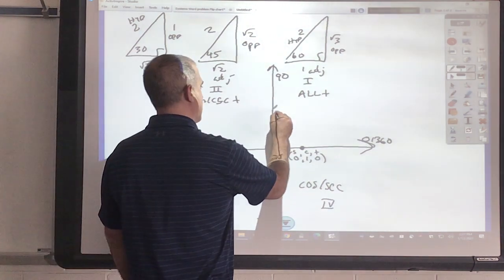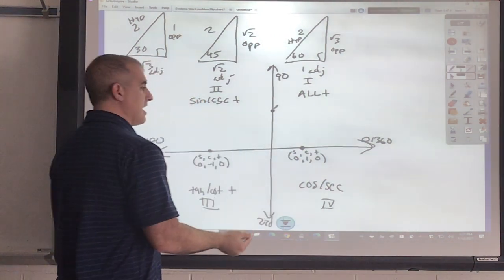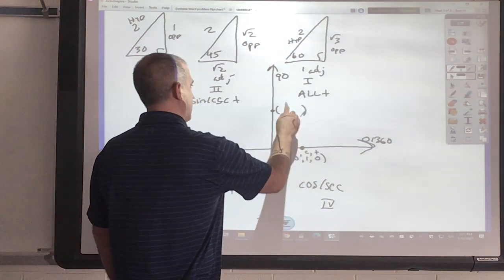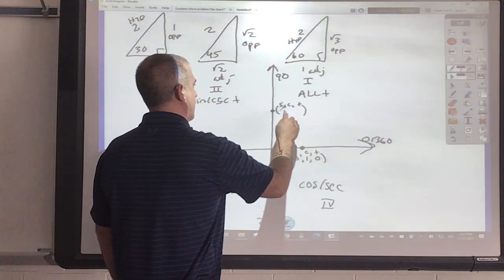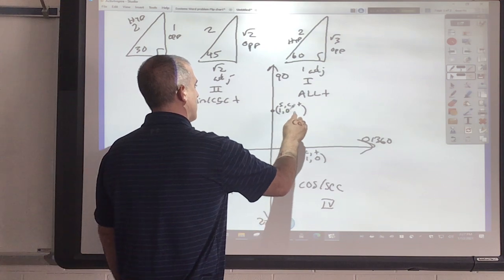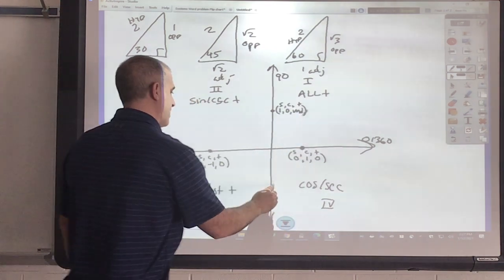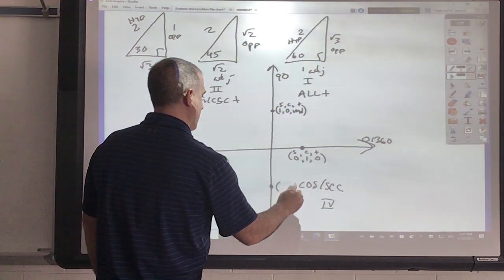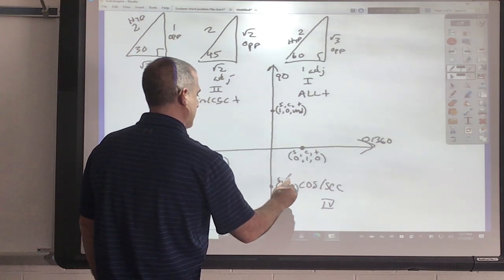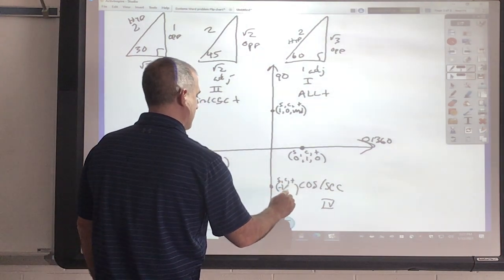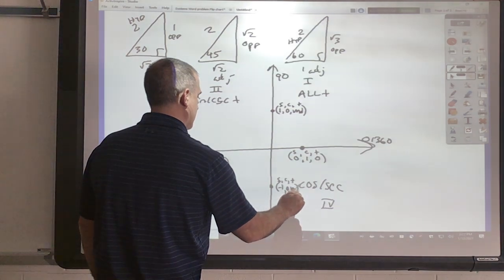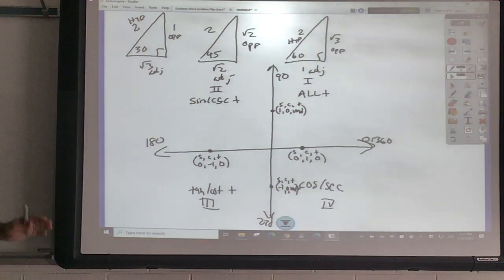At the 90 point, sine, cosine, and tangent would be 1, 0, and undefined. And here, we were negative 1, 0, and undefined. That's what we covered so far.